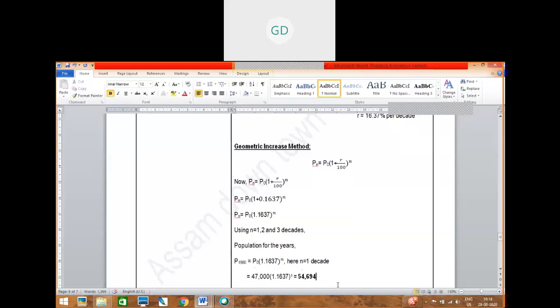It's 54,964. Where did you make the mistake? Last known population, that is 47,000. It is given in the question, right? Last known population you always see in your question: what is the last year and what is the last population given. That will be your P naught. What is the next one? P 1990.